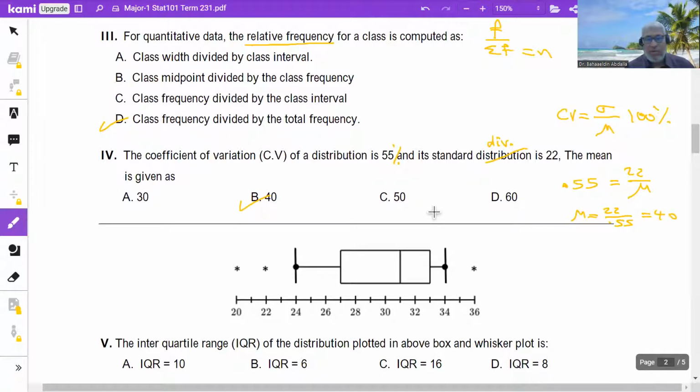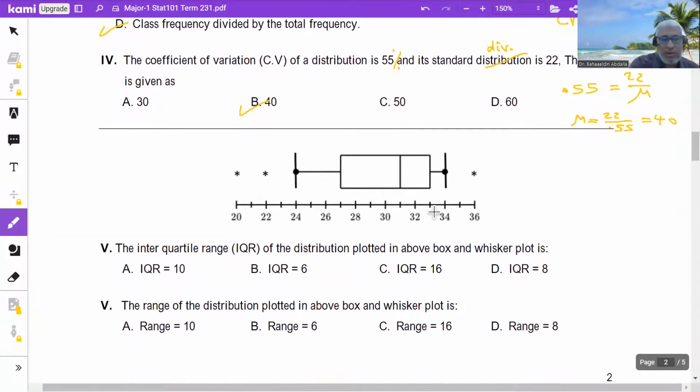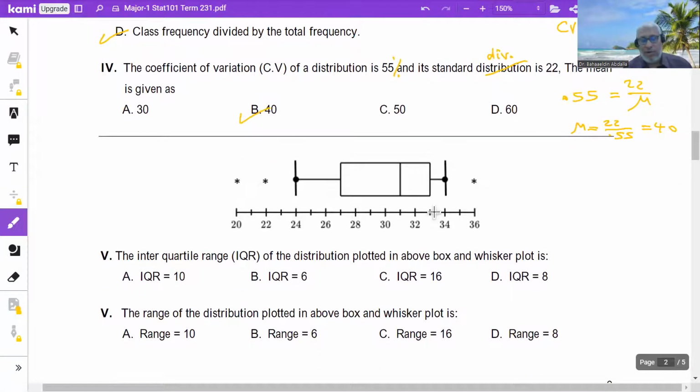Okay, the next question is about this graph, the box plot. The interquartile range of the distribution plotted in this box plot is given by what? Well, what is the definition of the interquartile range? IQR is Q3 minus Q1.